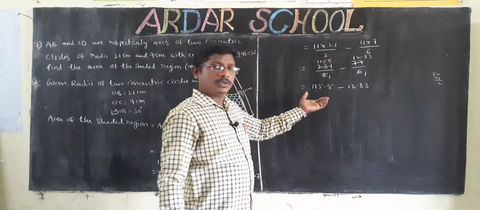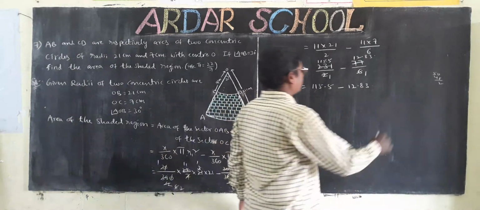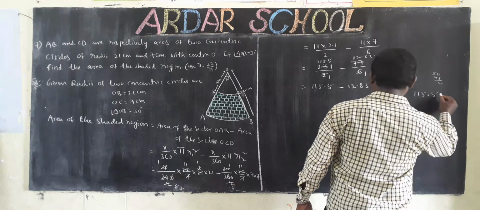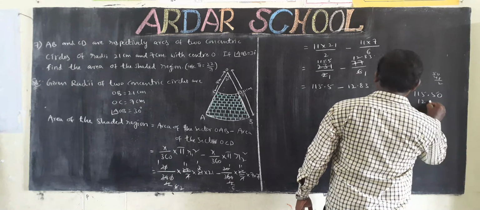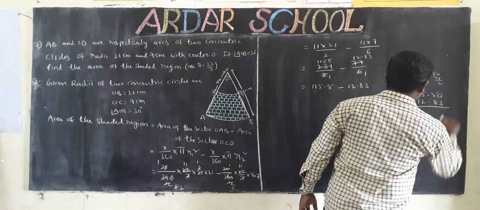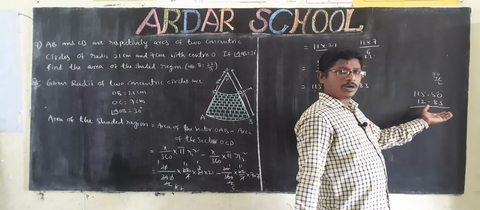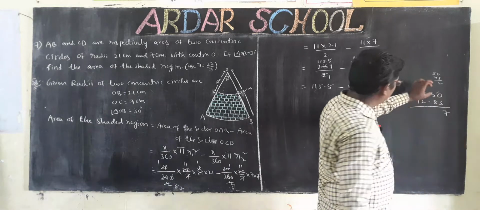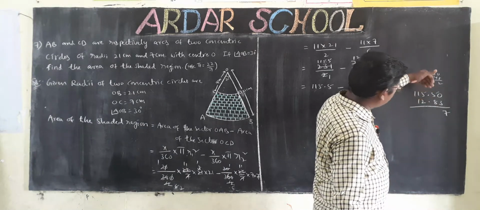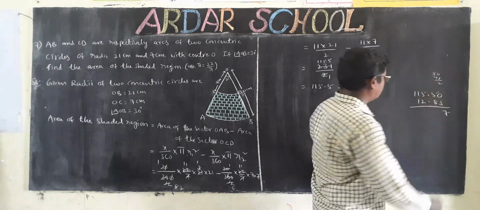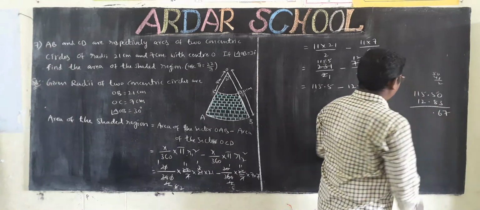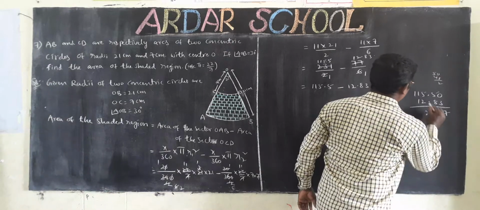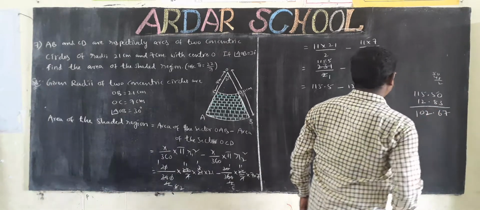Now I have to subtract these two, 115.50 and 12.83. 0 minus 3 not possible, 10 minus 3 is 7, here 4 is left, that means 14 minus 8 is 6, here 4 minus 2 is 2, then 1.